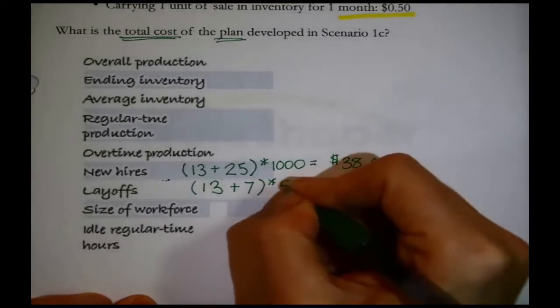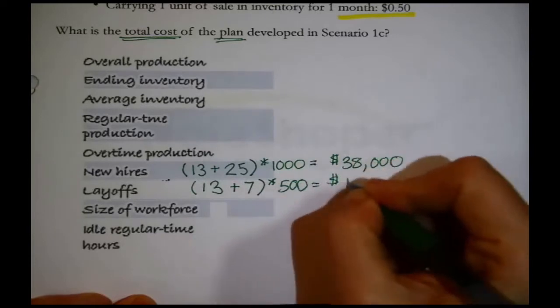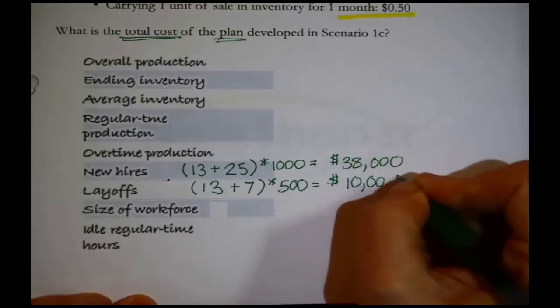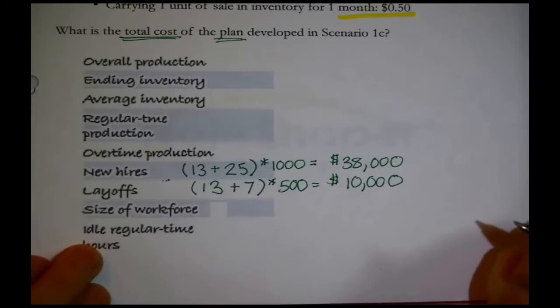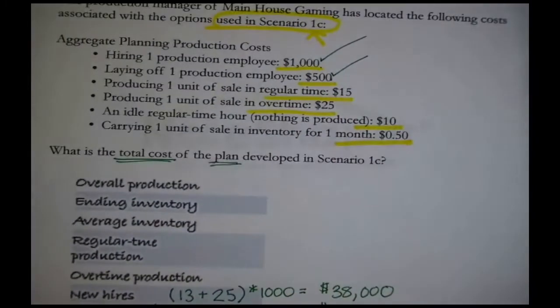Times the 500 each. My calculator is showing 10,000. Okay, yeah, that would be the cost of layoffs. That's accounted for. Now, what else? We'll just work our way down the list.